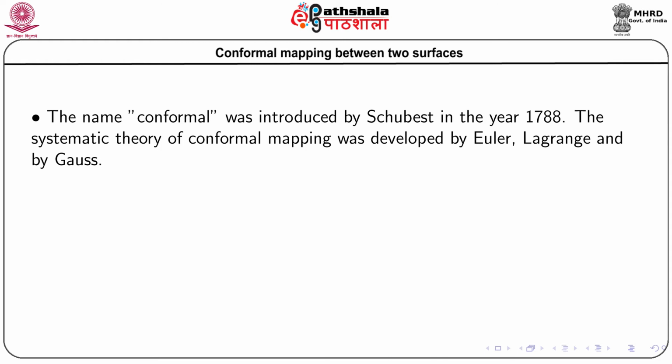Now, as I have just mentioned, the name conformal was introduced by Subest in the year 1788, and after him many other mathematicians like Euler, Lagrange and Gauss developed the systematic theory of conformal mapping.